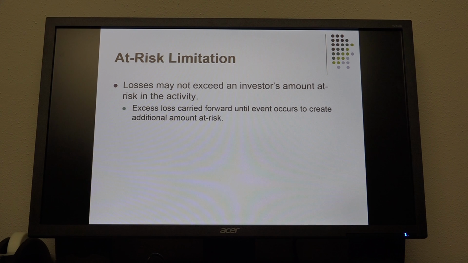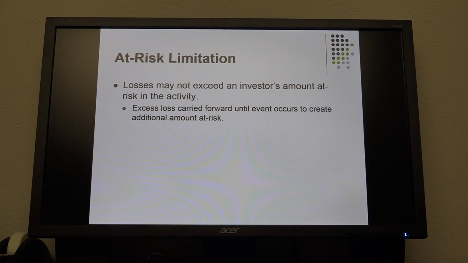Generally, the taxpayer is going to be at risk up to the amount of their investment in the activity, but there are exceptions to that. The main exception is when the passive activity, such as a limited partnership, incurs debt and the taxpayer is obligated on that debt.